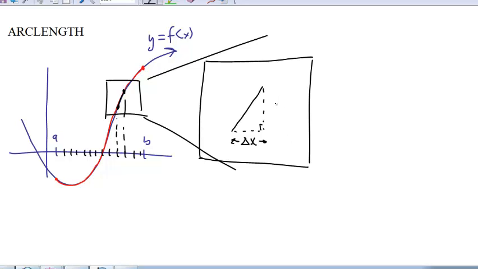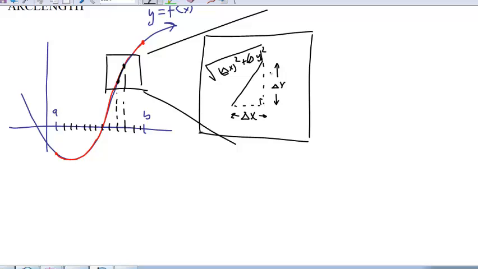And this distance here is going to be the corresponding delta y, how much the y value changes relative to the x. Now, it's not actually a straight line, but if that's delta x and that's delta y, then this whole thing is the square root of delta x squared plus delta y squared.